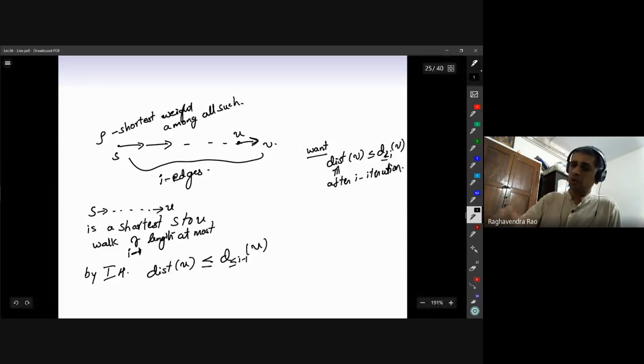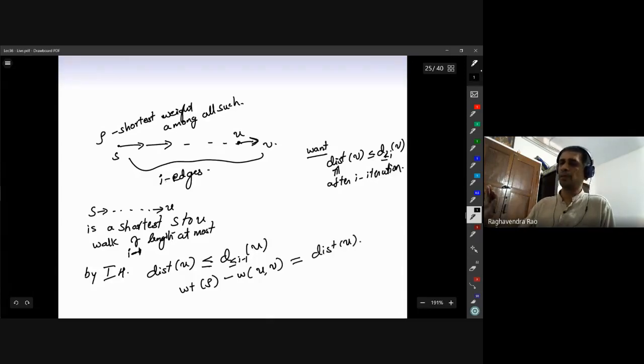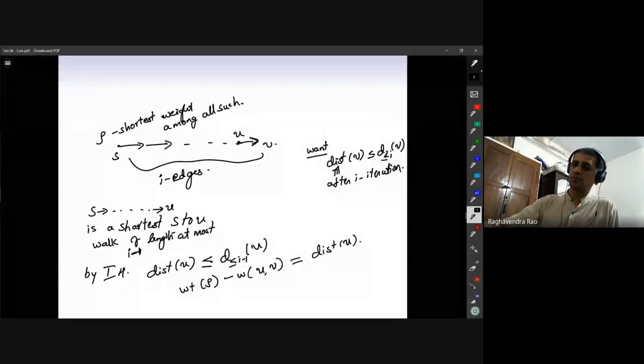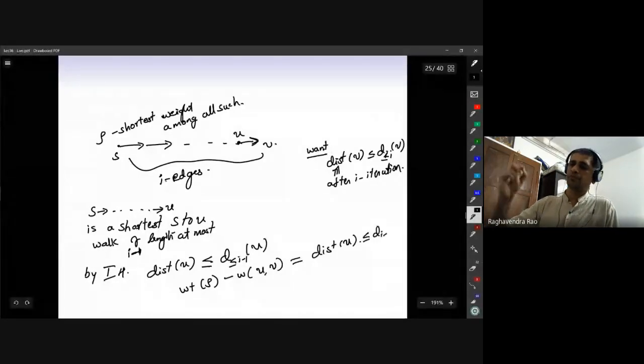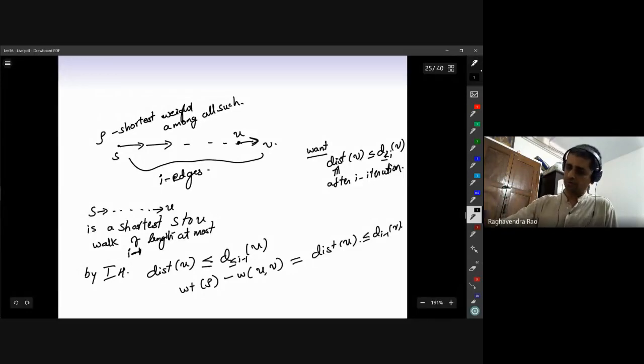But since this rho chopped at u is also such a path, the weight of uv is equal to distance u, okay, which is less than or equal to d_{i-1} of u. So this is what we have.